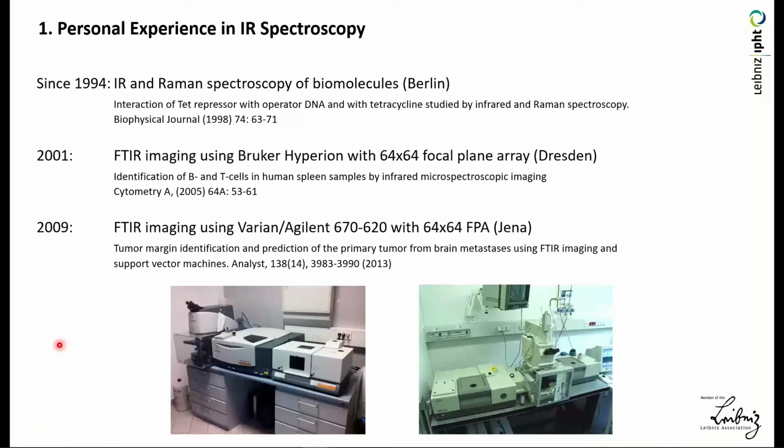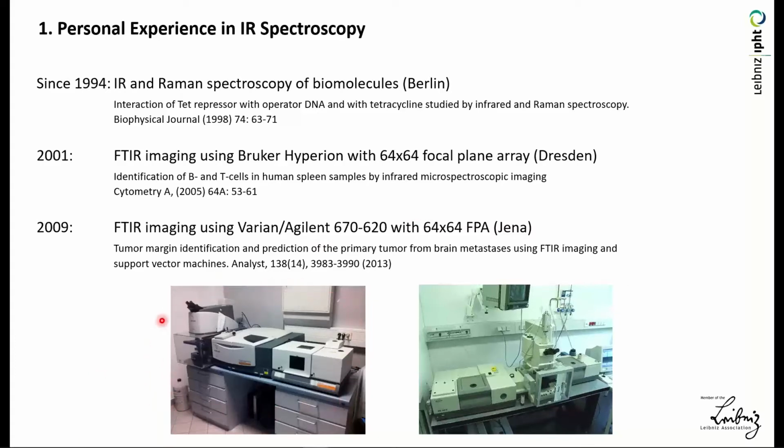In 2009, I moved to Jena, and I was able to purchase an FTIR imaging system from Varian, which is now Agilent, and this was also equipped with a 64 by 64 focal plane array detector. Here are some photos of the instrument in the lab.